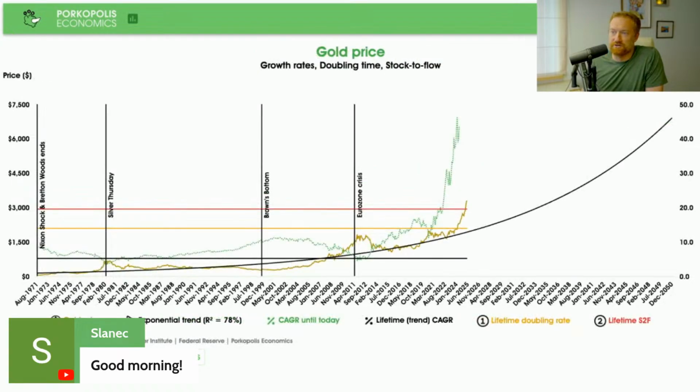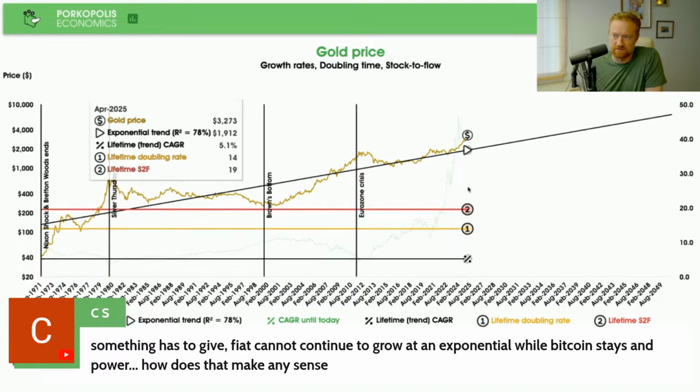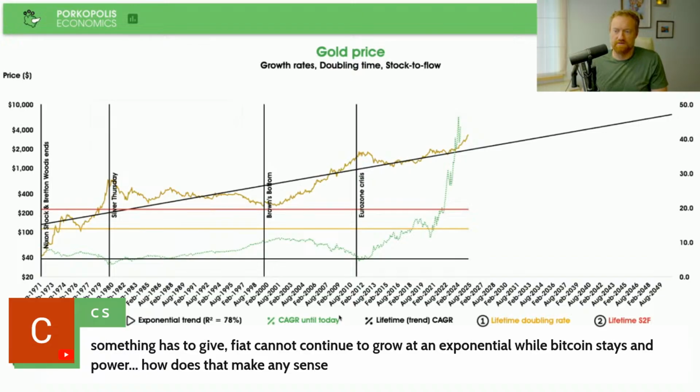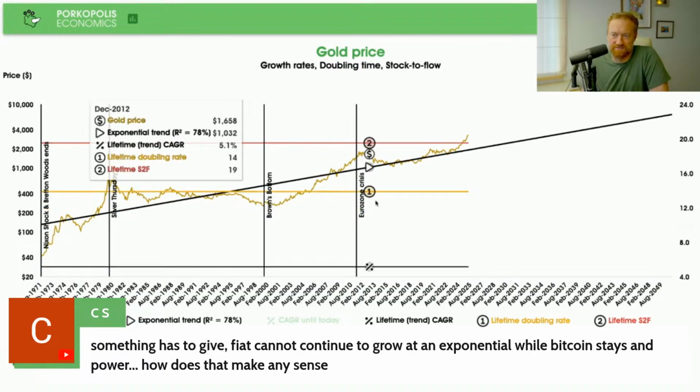Okay, so here's gold. To go back to your question, CS. Let's go log scale. This is gold price, very simple. This is month-end gold price. Stock to flow, all these things don't matter. I'm just showing you, doubling rate is way better than stock to flow.